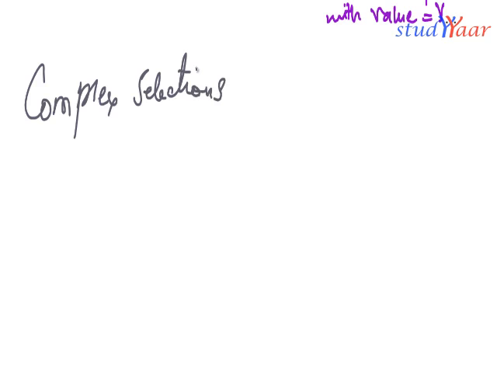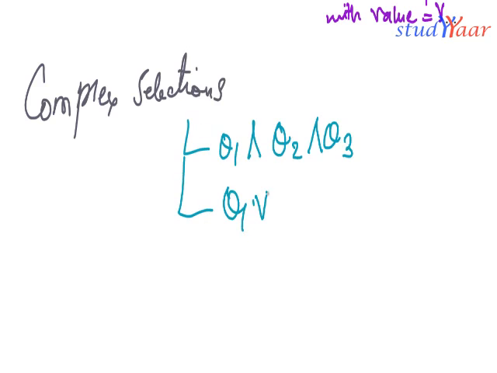I'm just going to write it down over here: complex selections. My complex selection is going to be of the type theta1 and theta2 and theta3, or it could be of the type theta1 or theta2 or theta3.